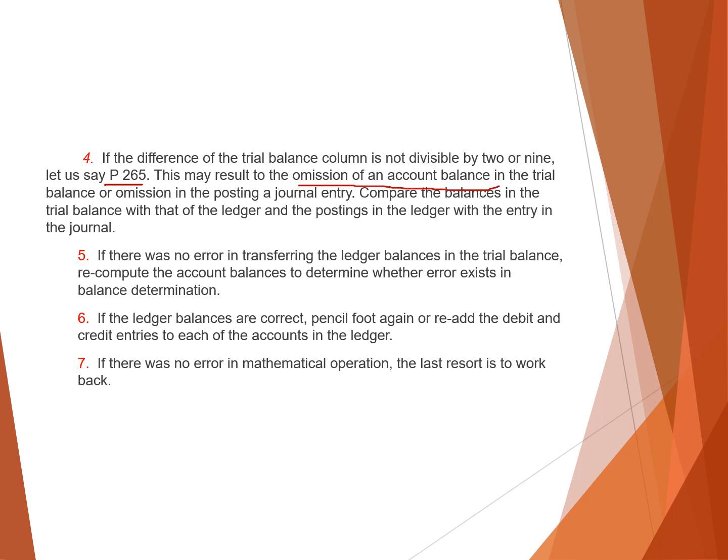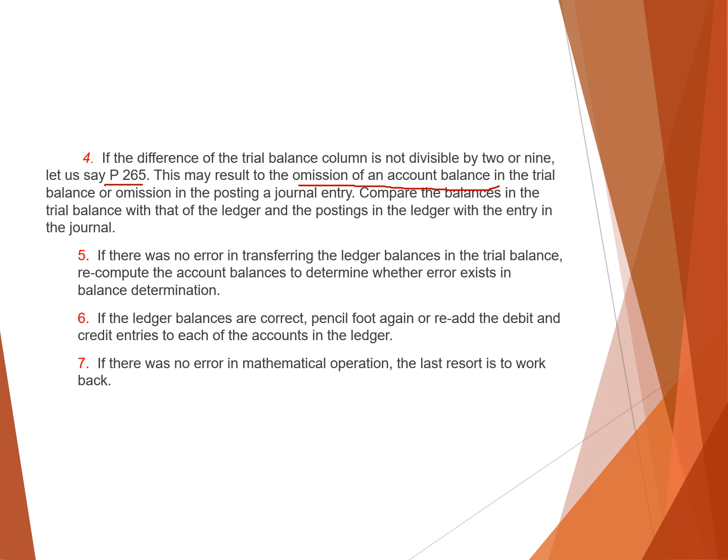If there was no error in transferring to the ledger balances of the trial balance, ang kailangan mo, ganito ha, pag magre-recompute ka, huwag ka agad pumunta sa journal. Pabalik. Magsimula ka muna sa trial balance. Ngayon, pag na-recompute mo na lahat ng trial balance, wala namang kulang, tapos tama naman pagkaka-add, so, saka ka bumalik sa ledger.